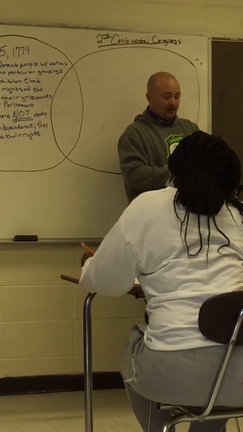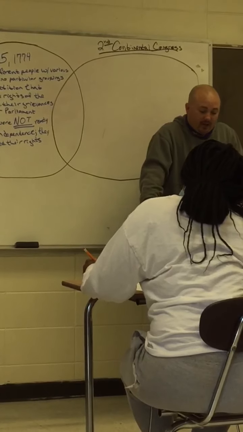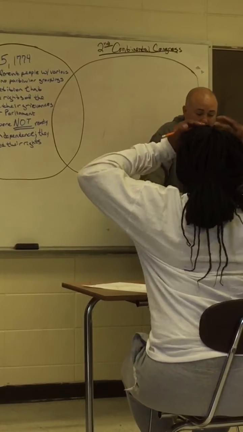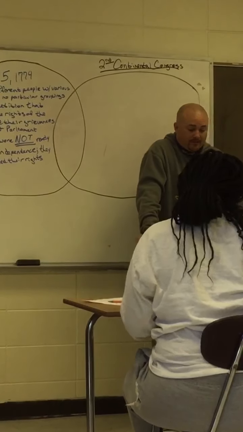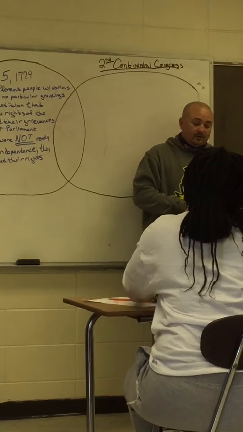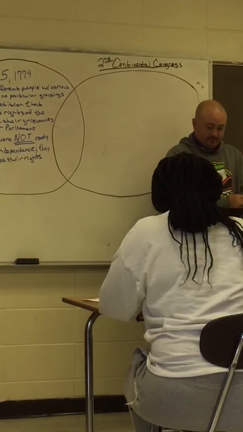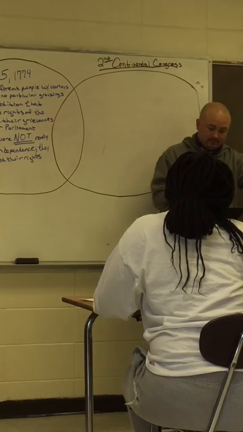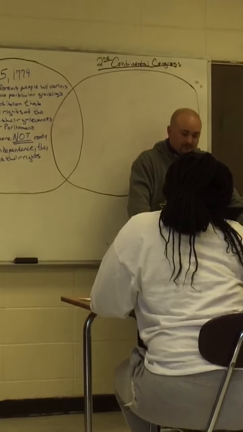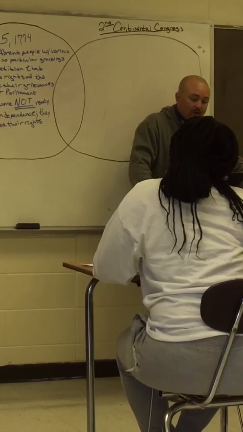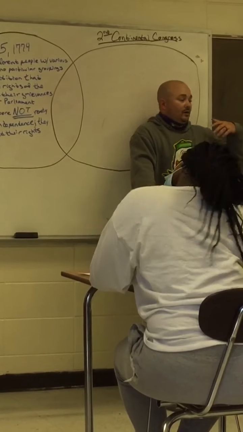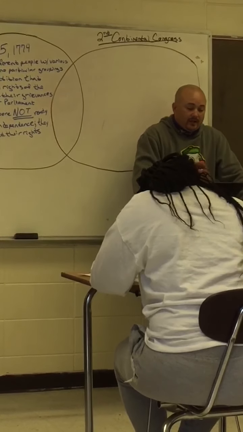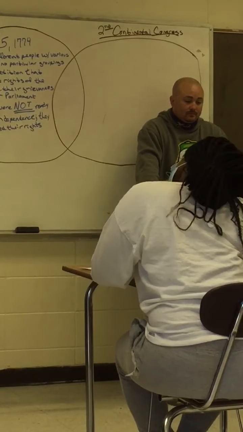All right, the First Continental Congress agreed to meet again on May 10th, 1775, if the King and Parliament failed to respond to their petition. So they decided if the King and Parliament didn't respond to what they wanted, didn't give them the rights that they felt were theirs, then they were going to meet again.